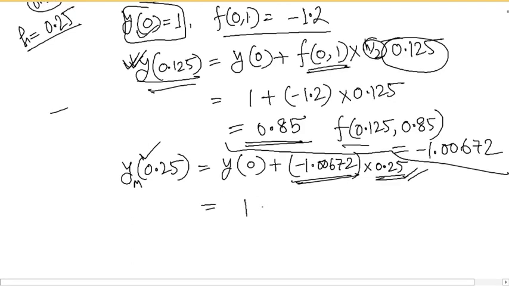So this is 1 minus 1.00672 multiplied by 0.25, and this will give us the answer as 0.74832.